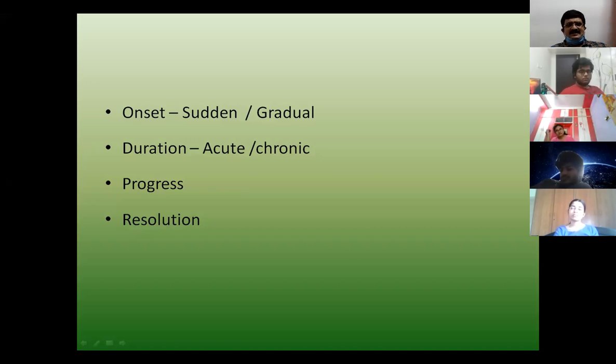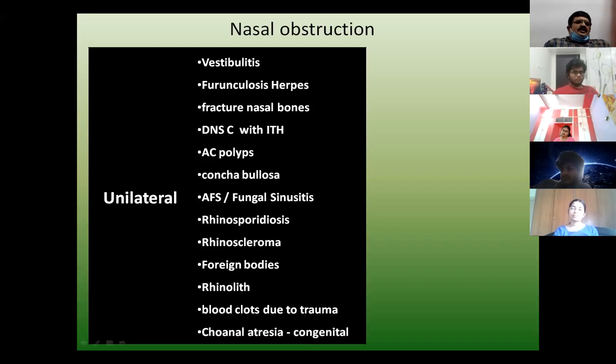Then the sinusitis develops, and this sinusitis again will be gradual. So this is how you are supposed to use the terms sudden and gradual. Beware not to use the term insidious in ENT. Okay. So nasal obstruction.